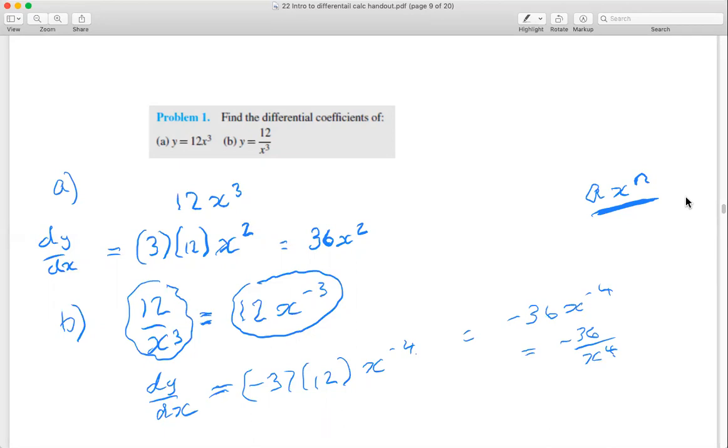Do you want to finish it off as a fraction or the top one? Either form, the top one would be fine. Gotcha. Okay. Very smooth.